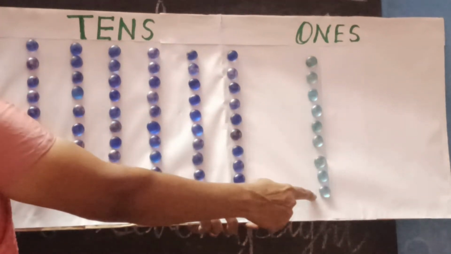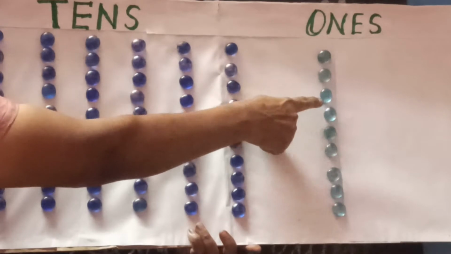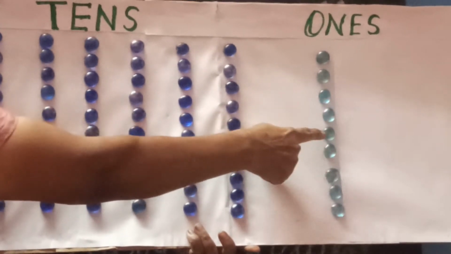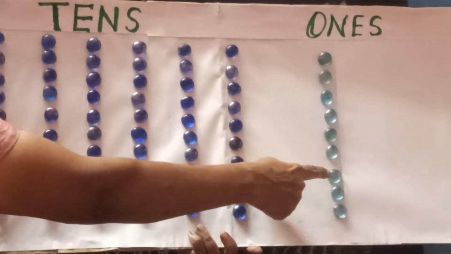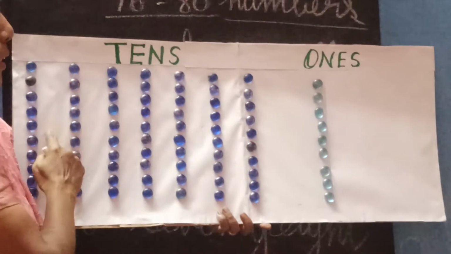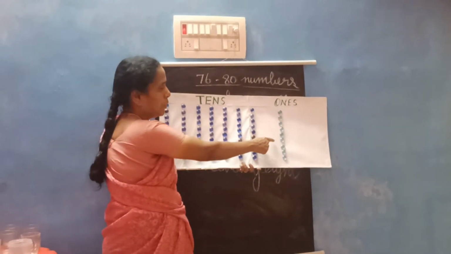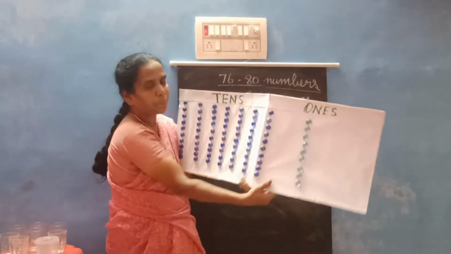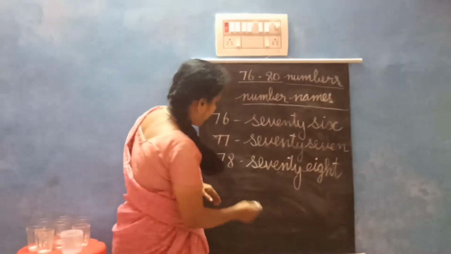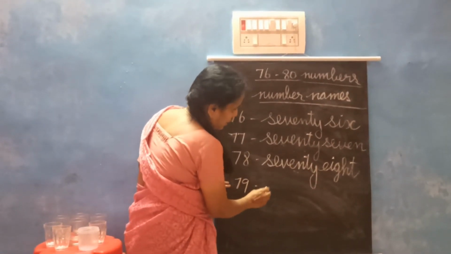How many ones are there? 9 ones. Again 1, 2, 3, 4, 5, 6, 7, 8, 9. 9 ones. 7 tens, 9 ones, 79.